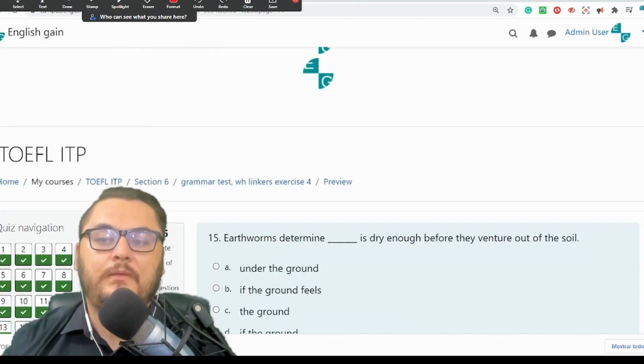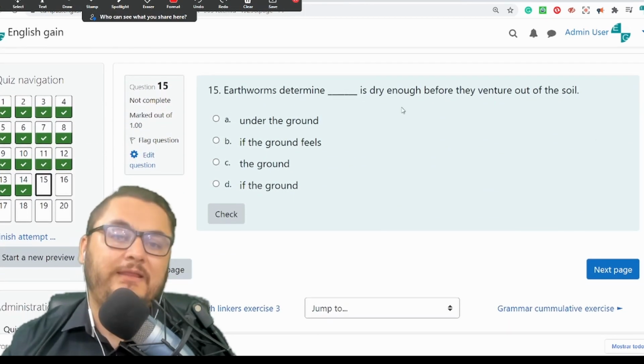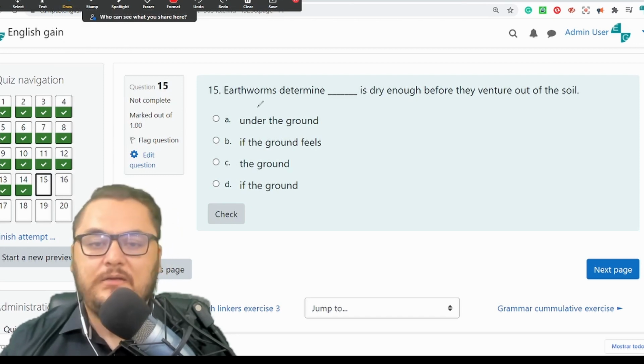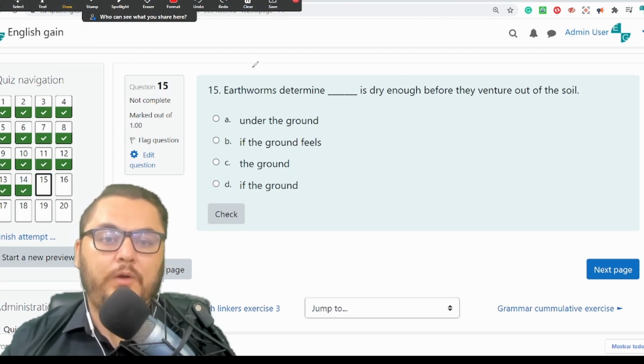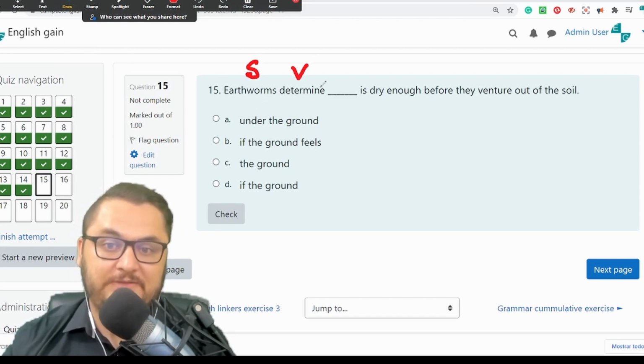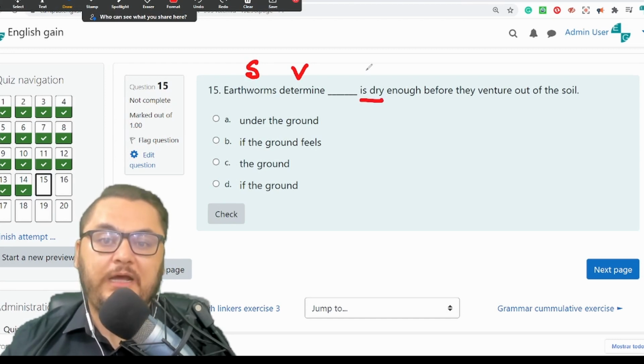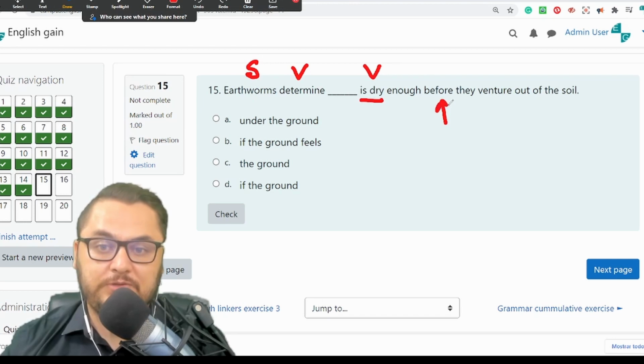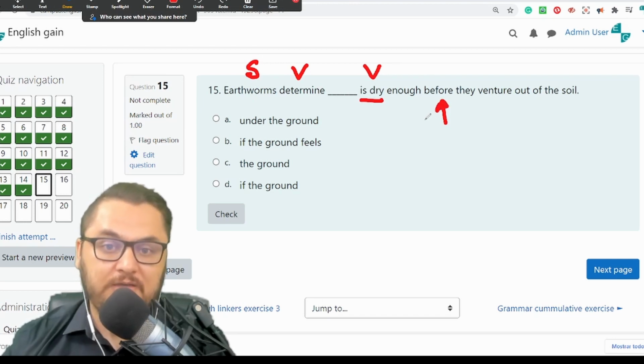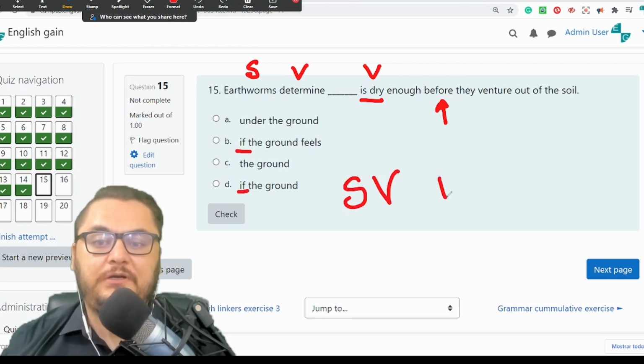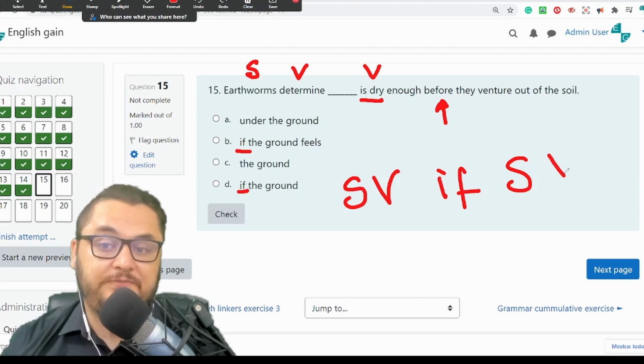Okay, in this exercise, earthworms is the subject and determine is the verb. Is dry is a verb. Then we have a preposition which also works as a connector. But I'm just going to be paying attention to this part. Understanding I have if. So subject, verb, if, subject, verb.